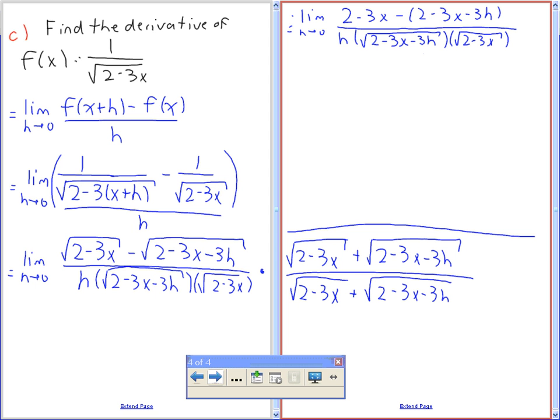It doesn't look like it makes any sense, but that's all in the denominator, that's okay.